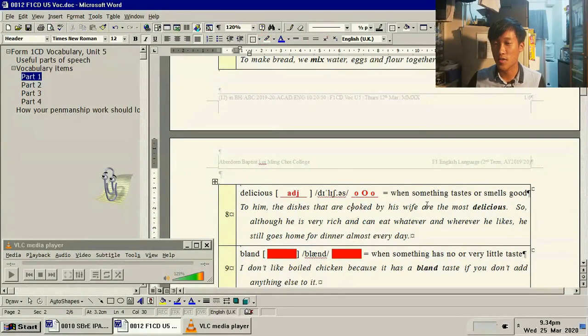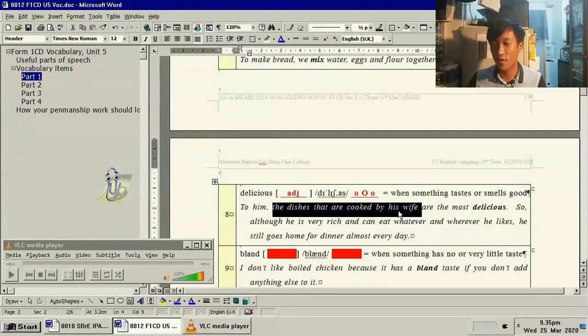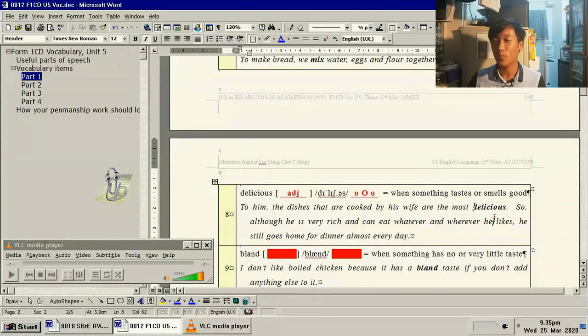So delicious. So when something tastes or smells good, okay? So to him, the dishes that are cooked by his wife. Who cooked the dishes is his wife, okay? What's special with those dishes? They are the most delicious, taste very good, okay?